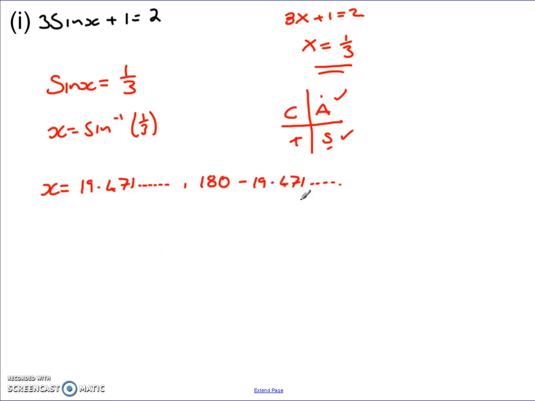Once we've done that, we can round it. If it doesn't tell you, round to 1 decimal place, maybe 2 depending on the numbers. So I'm going to make it 19.5 degrees, and 180 take away that, 160.5 degrees. So there are my two solutions for 3 sine x plus 1 equals 2.